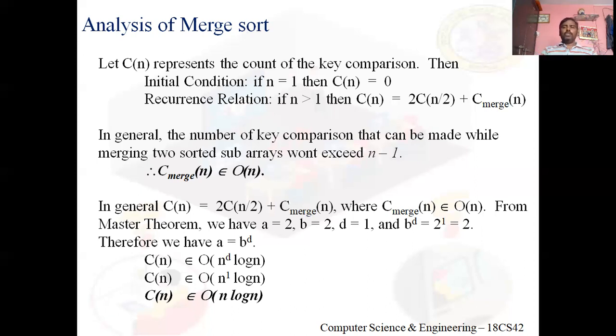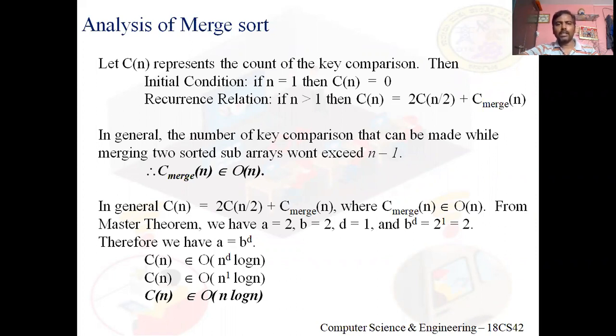Got it. So one thing I need to tell you: in merge, just take various examples and try to merge two sorted arrays. Try to merge with one or three examples.